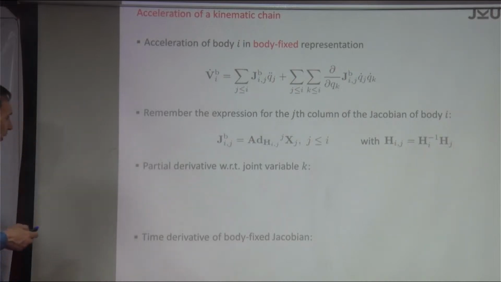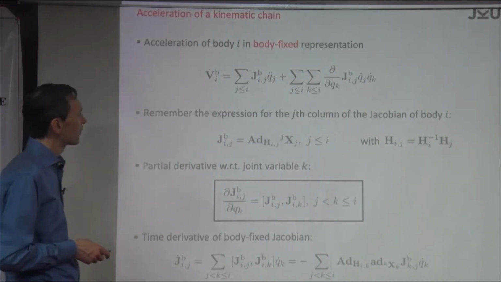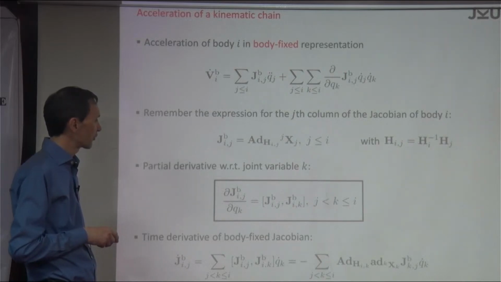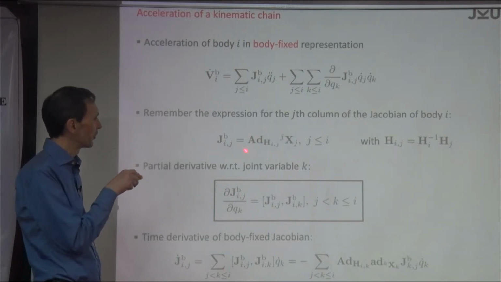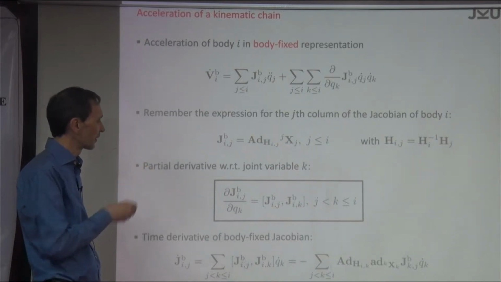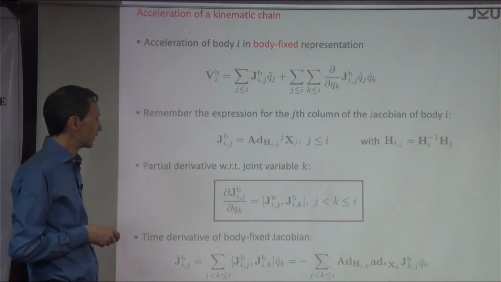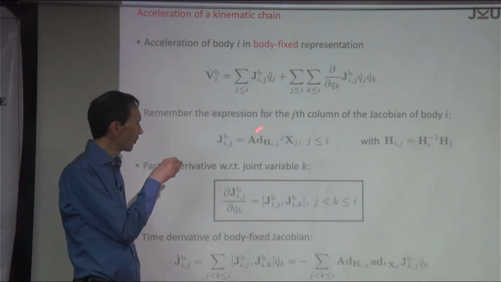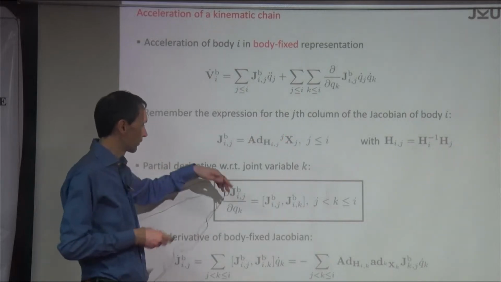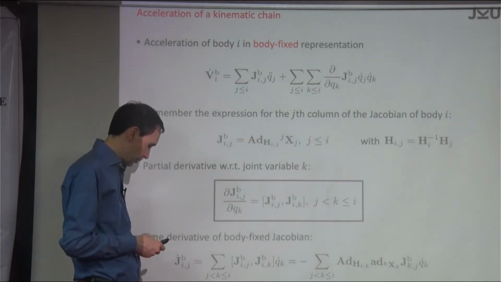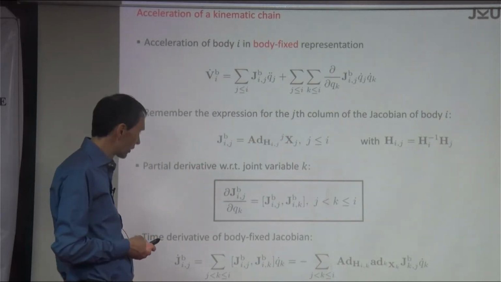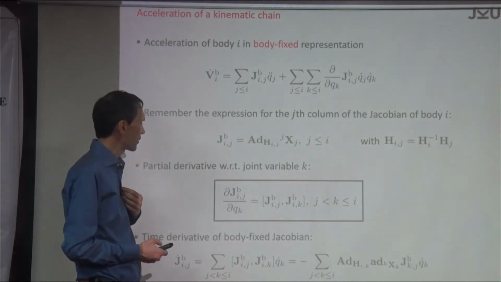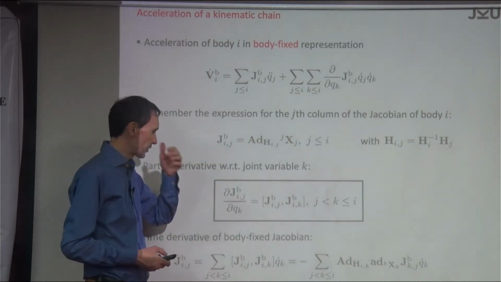If you now take the partial of this Jacobian, then what we have to take is the partial of this term, the adjoint term. Taking into account that this is defined by the adjoint transformation, we can derive this equation.